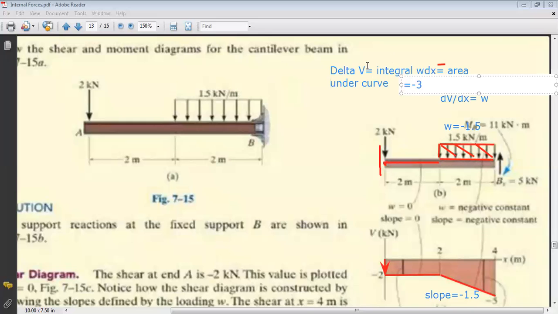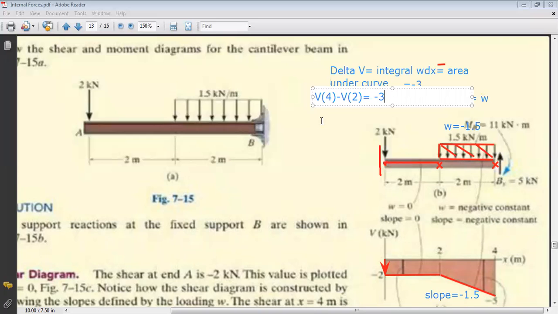Now what is delta V? Delta V is the change in shear after the distributed load finishes. The distributed load finishes at this point and begins at this point. So I should take delta V between V at 4 meters and V at 2 meters. So I can write V at 4 meters minus V at 2 meters is equal to minus the area, so it's minus 3.